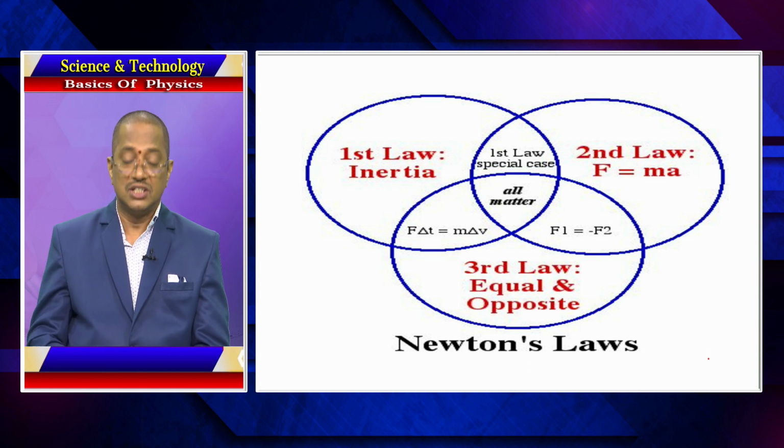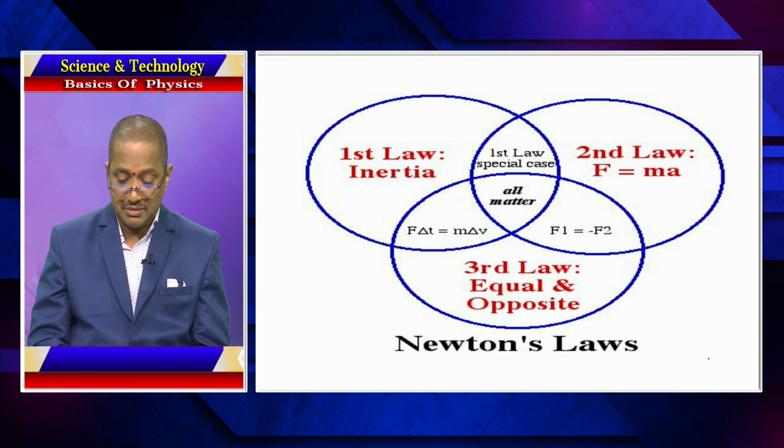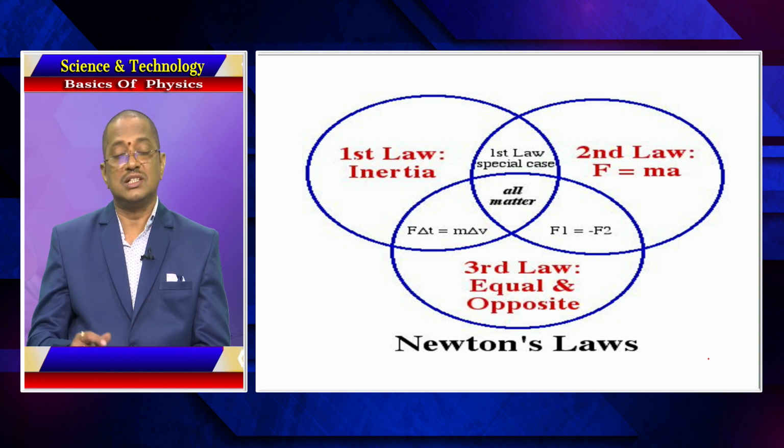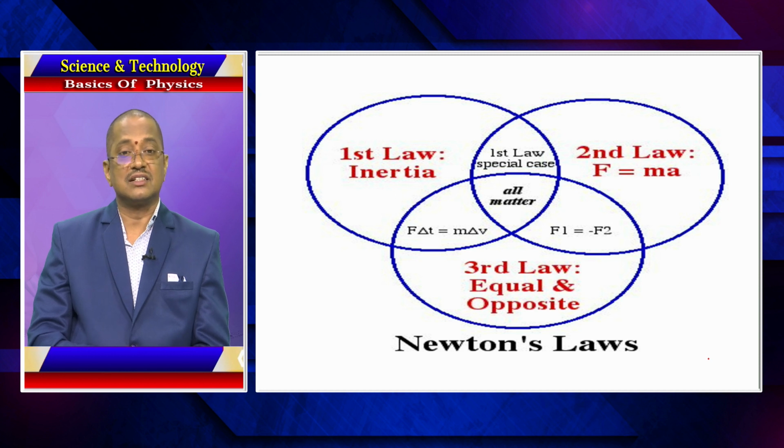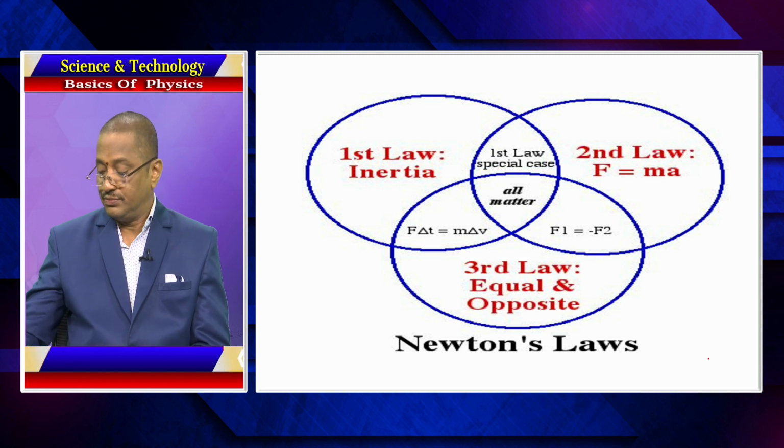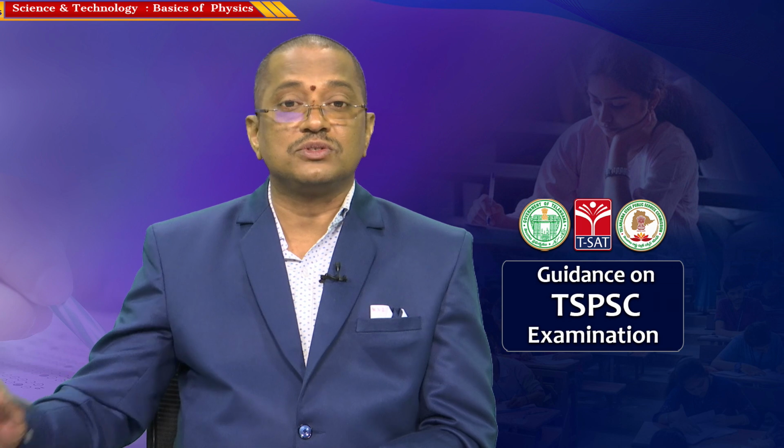That's a relation. This is a relation between the first law and second law, a special case, and for all matter it will be the same. So, these are the three different laws of Newton. Now, moving to the next one.